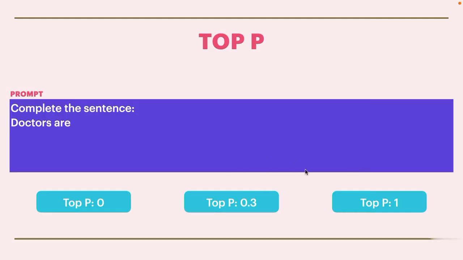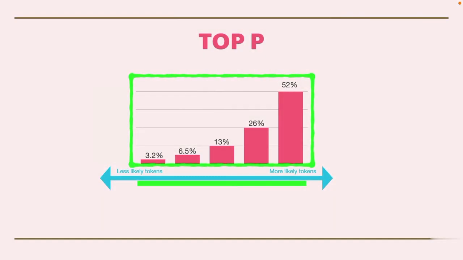So here's how it works. The model generates a list of probability values for each token in the response. So just imagine that we've got only 5 tokens. Each of these tokens has got a probability value that is calculated by the model.